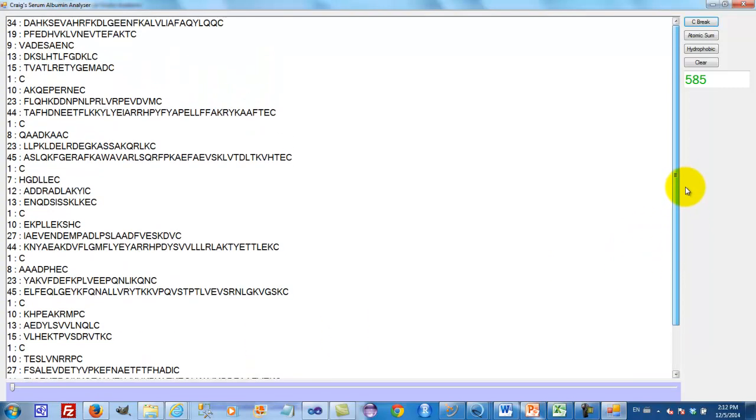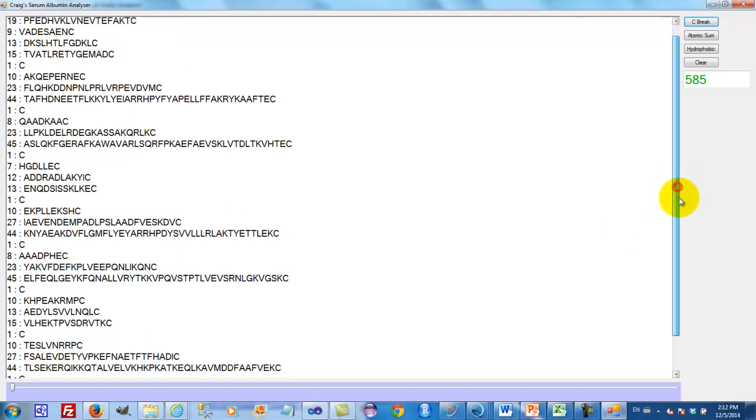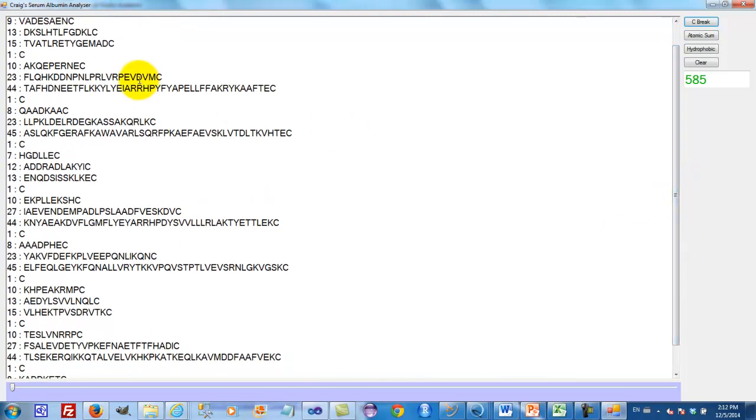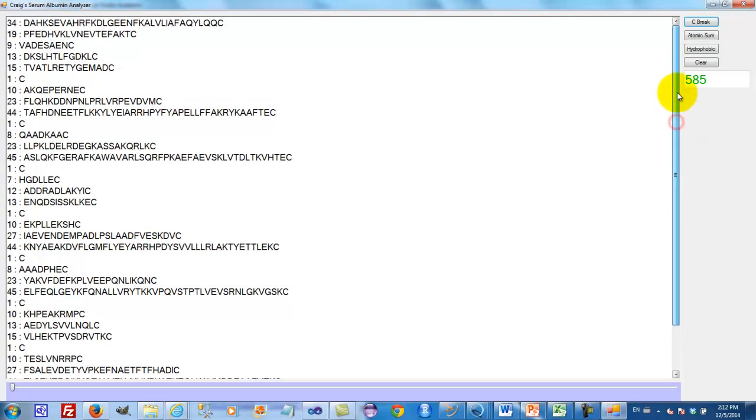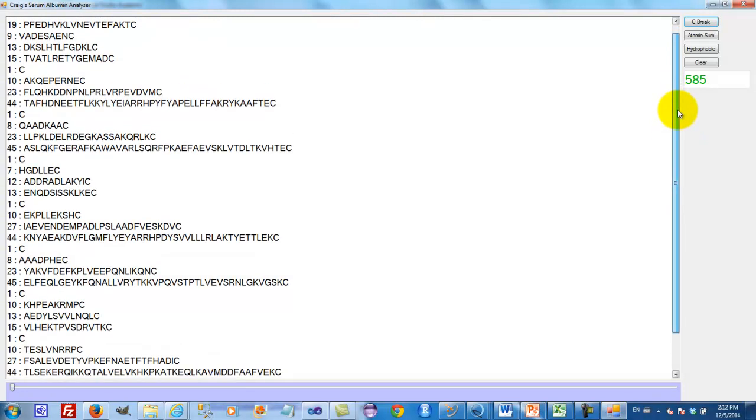This pattern persists throughout the protein, and each line ends with a letter C. So there seems to be a regular pattern of 3 lines followed by a single C.